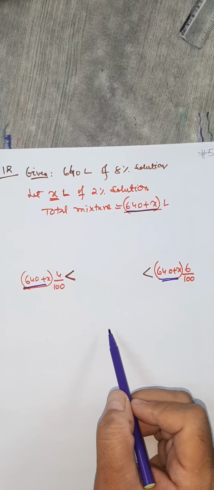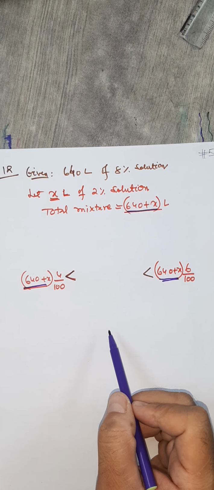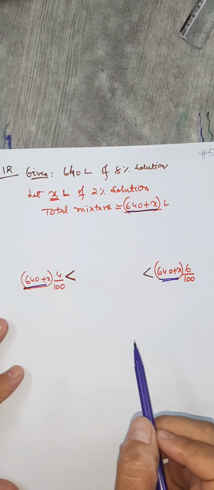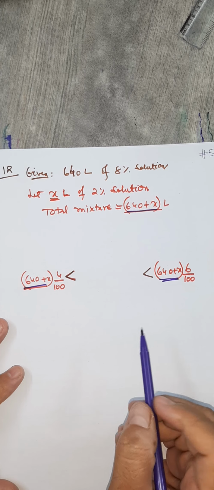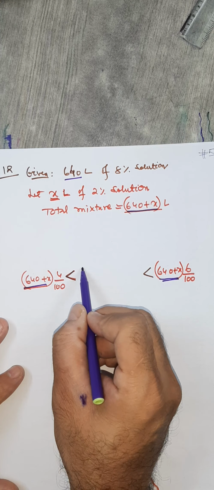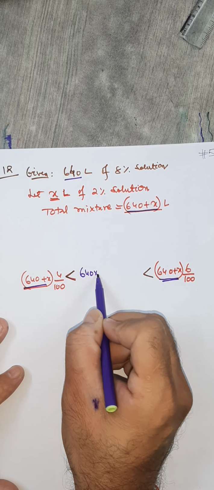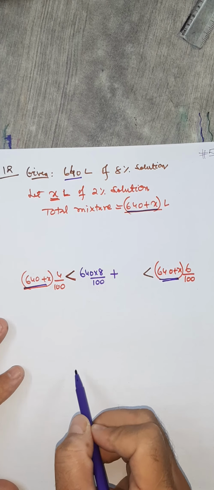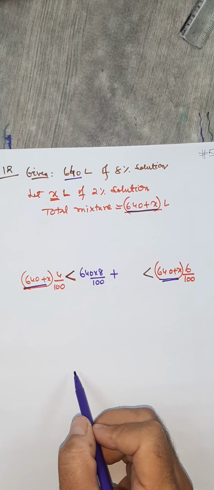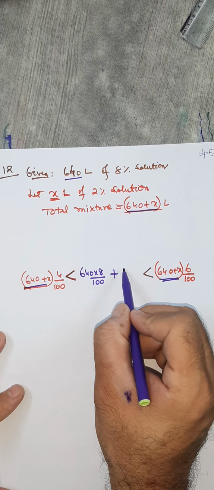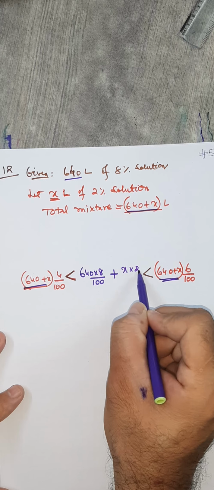Now here the solution is prepared how? 8% boric acid. So here 8% of this, that would be 640 into 8 by 100, plus 2% of x liters, so x into 2 by 100.